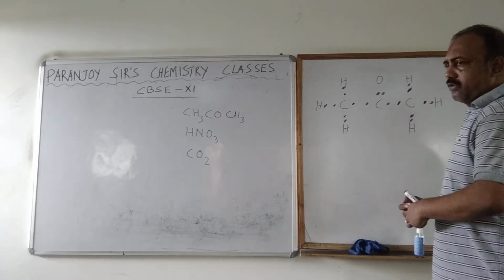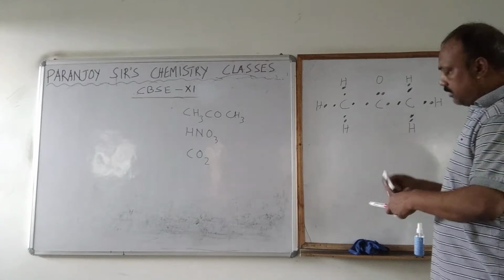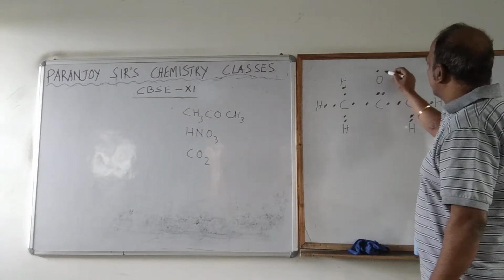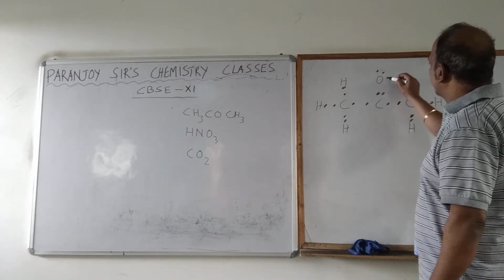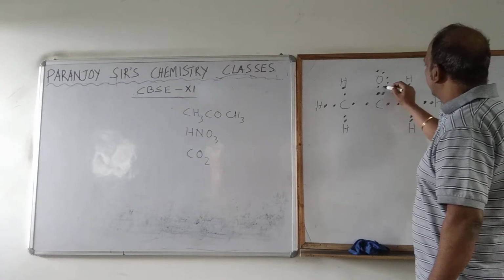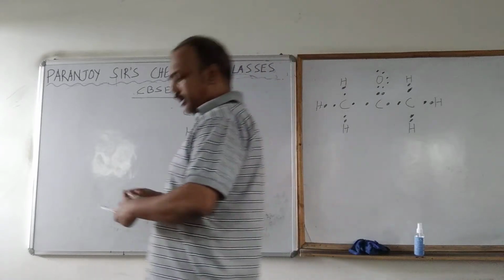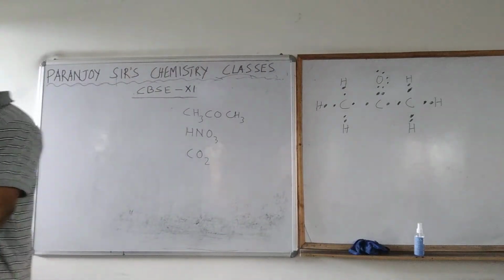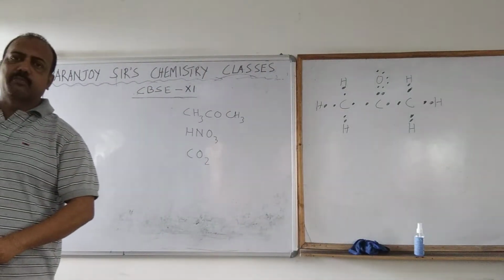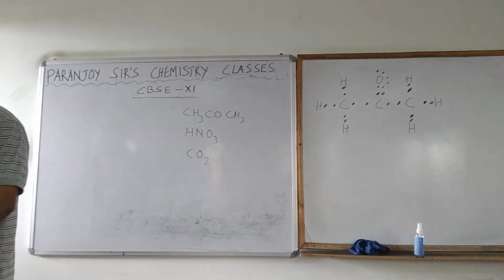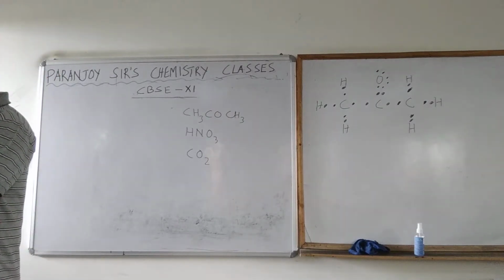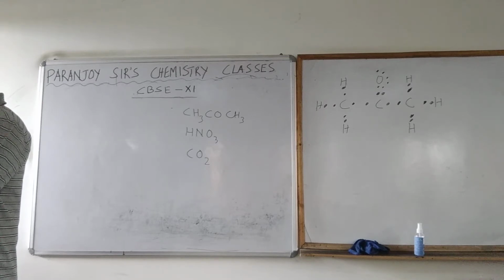And oxygen has 6 valence electrons, 1, 2, 3, 4, 5, 6. Now our intention is to make them 8, right? We are going to do it by the Venn diagram method, so let us try to make them 8.